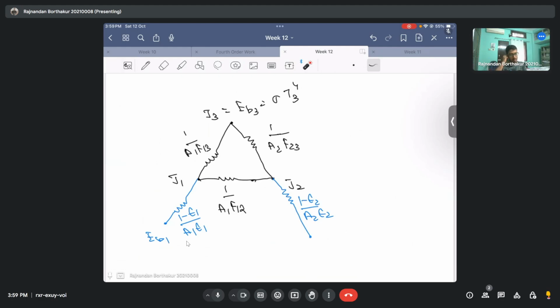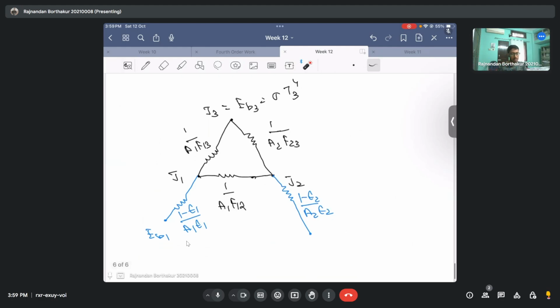I'll stop here for some time. If you have any doubts, you can ask me. Keeping all these things in mind, we just need to calculate this Q2. That is the prime interest. For calculating Q2, we'll first calculate J2.